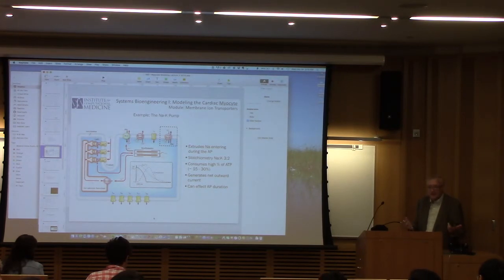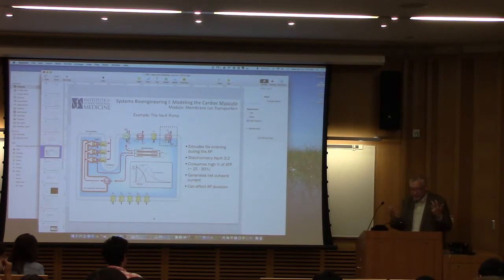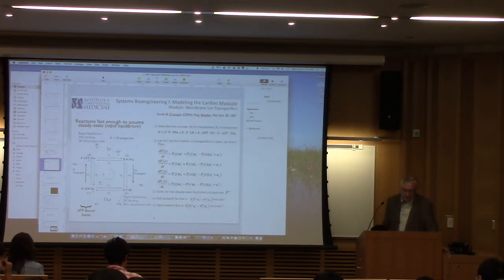It will have an effect on the nature of the action potential, which you can intuitively predict from the fact that this transporter is generating a net outward current. So if a cell is starting to express more of these transporters for whatever reason, the outward current through them is going to be larger, and that will have some, maybe a small, maybe not, effect on the action potential, depending on how large this dysregulation is.